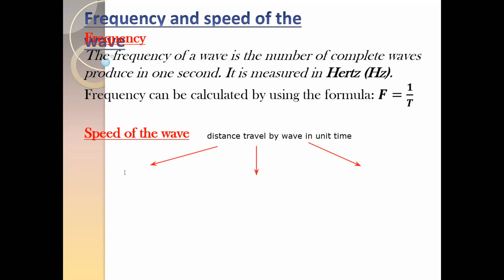Without reflection, if there is no reflection, then the formula for speed is equal to distance divided by time. If there is a reflection, where the wave travels and bounces back, then the formula for speed is equal to twice the distance divided by time, because it is going and coming back.